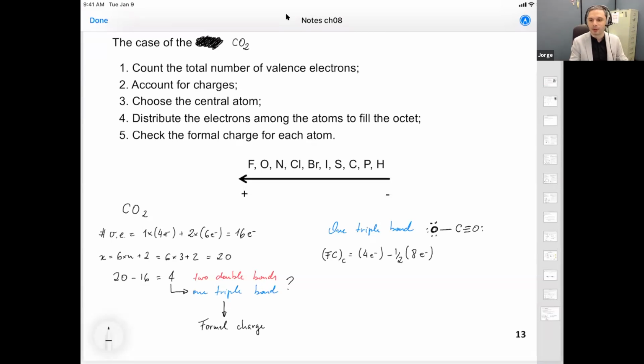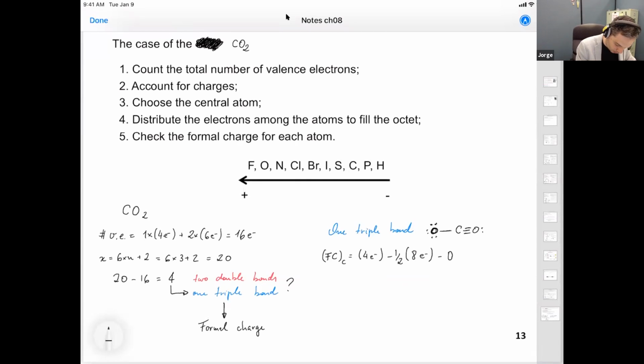Okay, so each trace counts as 2 electrons being used. Because carbon has 4 traces around it, we are going to use 8 electrons. Minus the number of non-bonding electrons on the carbon, which is 0.